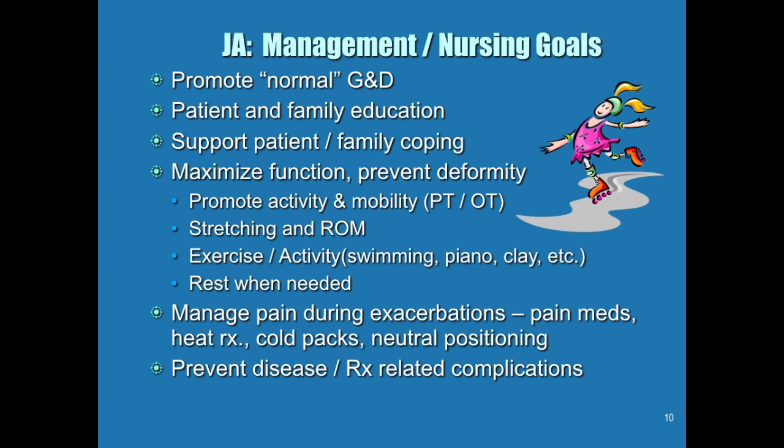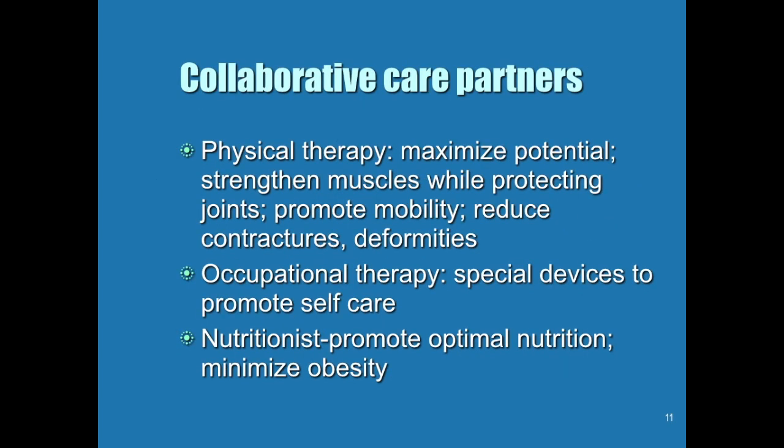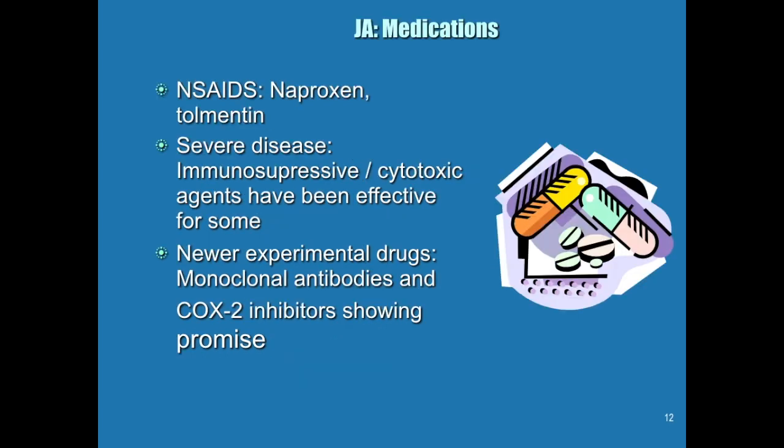And we want to try and prevent disease and treatment-related complications as much as possible. So once again, we have collaborative care partners: physical therapy, occupational therapy, and nutrition therapy. The medications, NSAIDs, naproxen, tolmetin are some of them because you don't have to give them so frequently.